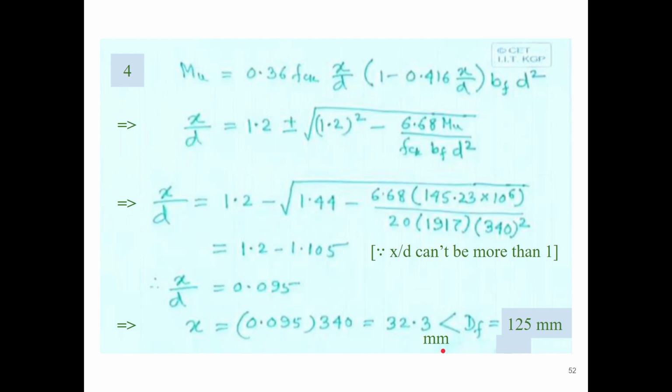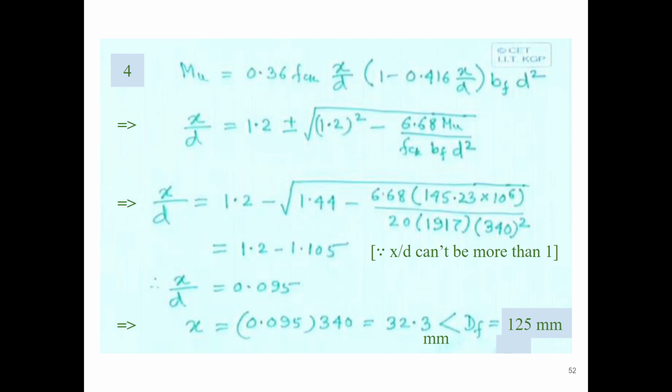So that will be less than the depth of flange, which is 125 millimeter, right? So it is less.